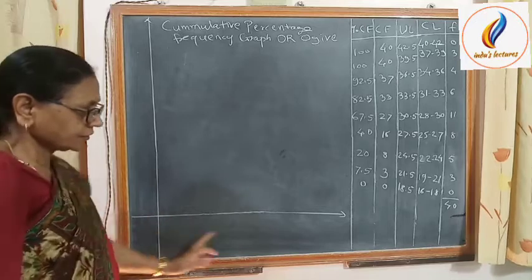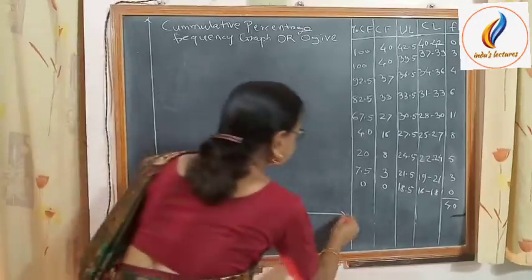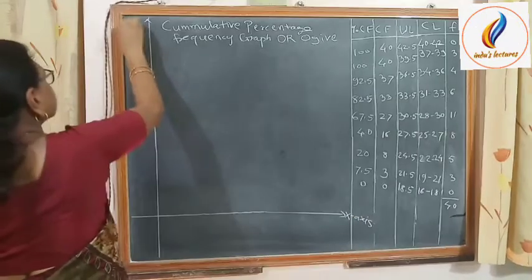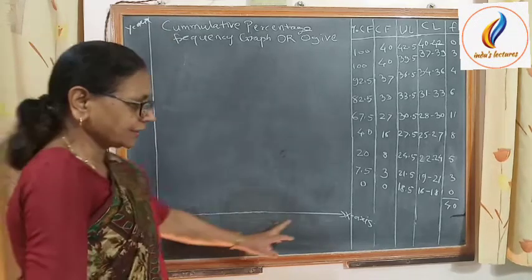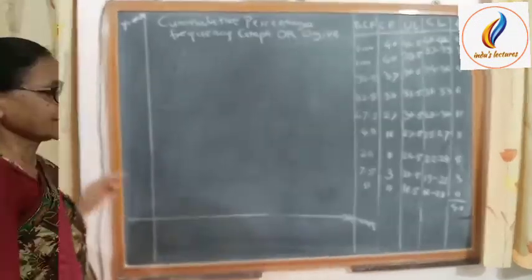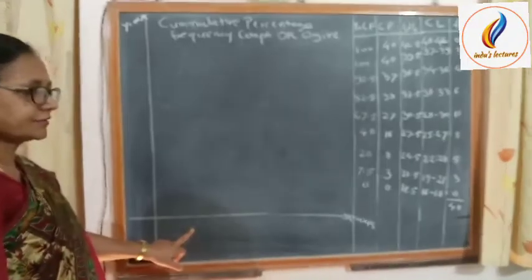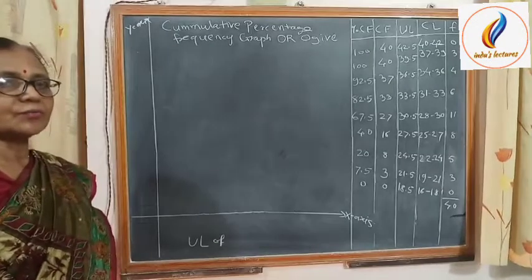Now draw the axes. This is the x-axis and this is the y-axis. That means the horizontal axis is the x-axis and the vertical axis is the y-axis. Then mark measurement units along the axes. Along the x-axis we will take the upper limit of each class.